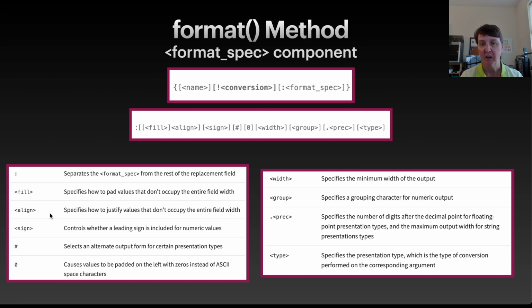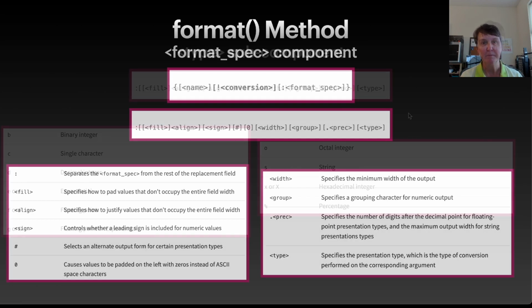We can align it in different ways, left, right, centered. We can control whether signs show up. And then some things that we are kind of used to already, the width, a grouping variable. We'll talk about that in the demo. The precision, and then the type, like is it an integer or a floating point, that sort of thing.